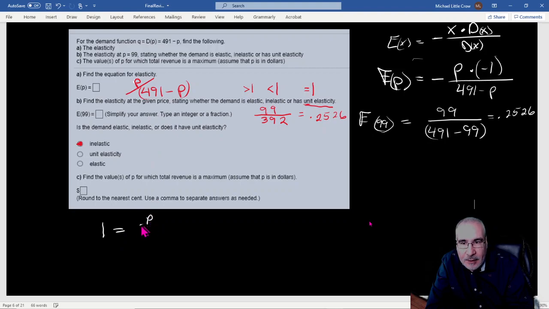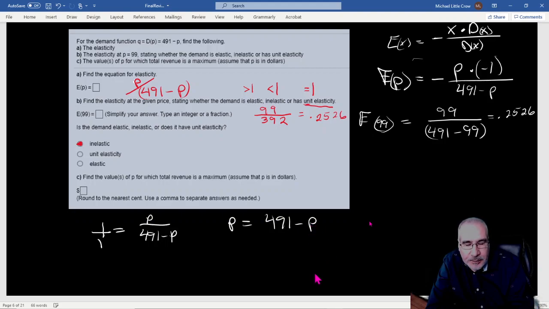So P over 491 minus P equals 1. And I like to think of 1 as 1 over 1. Then you can cross multiply. So you get that P equals 491 minus P. Just cross multiply, P times 1 is P. And then add P to both sides.